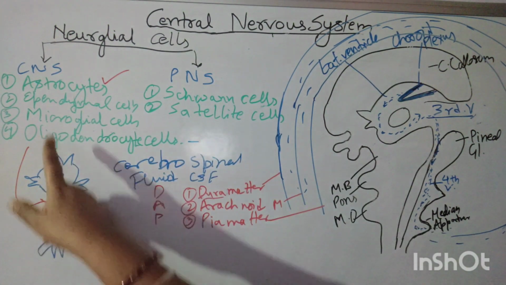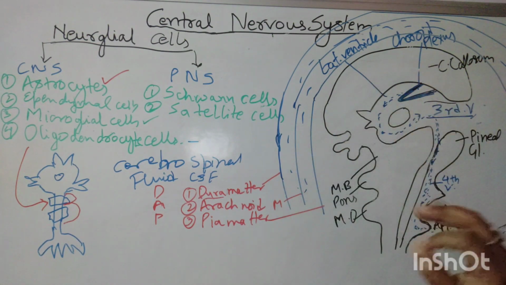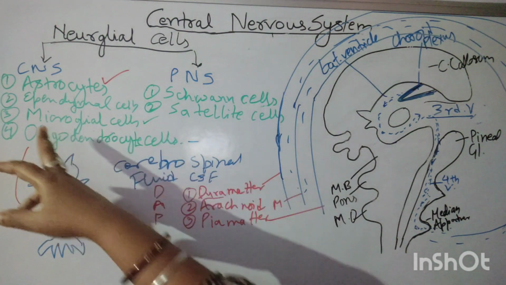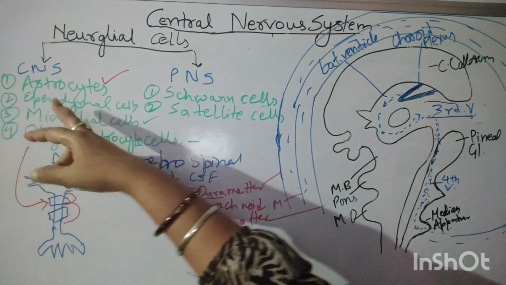Microglial cells do phagocytosis, they digest the debris and thus clear it. Whatever debris there is in our central nervous system, they will engulf. So we have completed the four types of cells in the CNS.